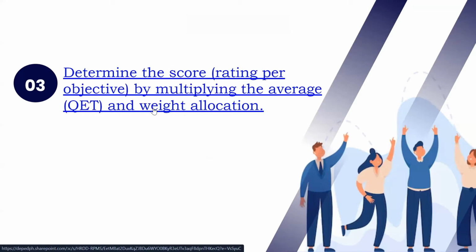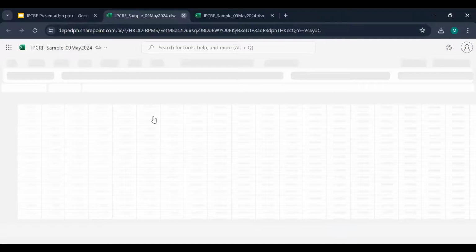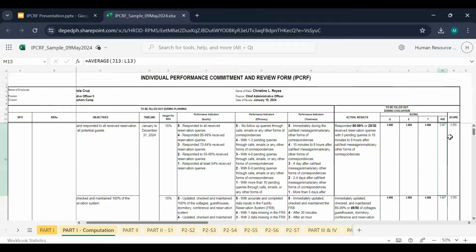For example, the average for the KRA 1 Objective 1 is 3.667 and the weight allocation is 15%. So multiply the 3.667, which is the average score, to the assigned weight or the 15%.